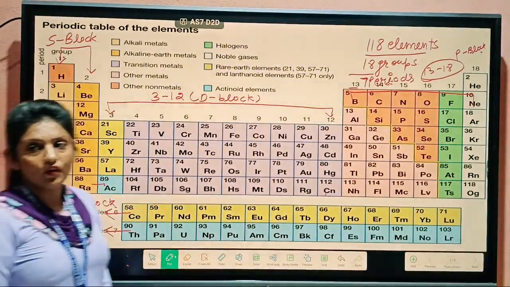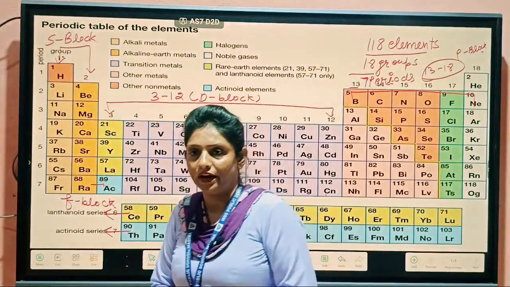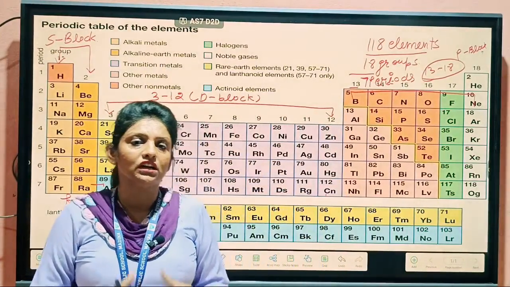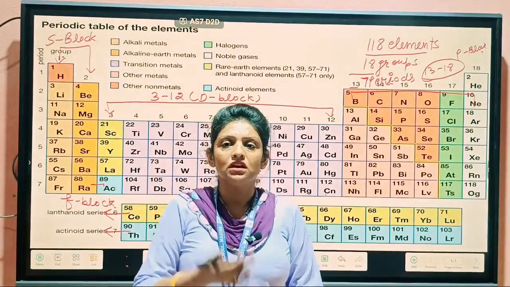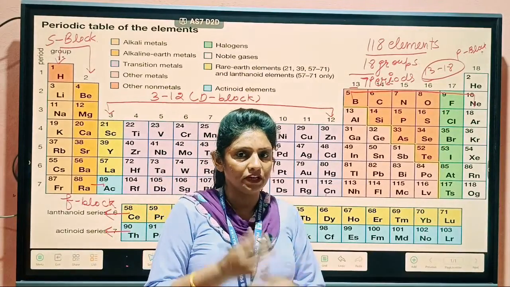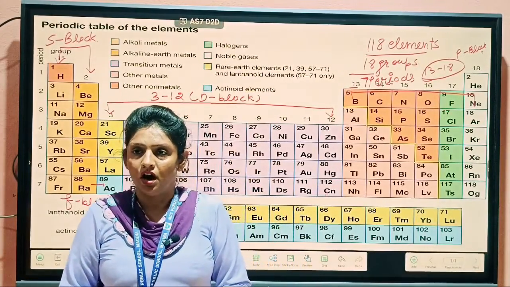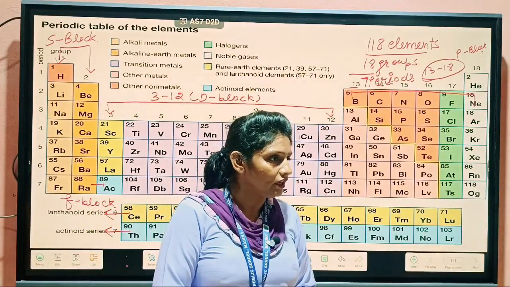Then students, why are they known as S block, P block, D block and F block elements? It is based on their configuration, in which orbital the last electron is present. According to that, the block is allotted to them. Clear or not?